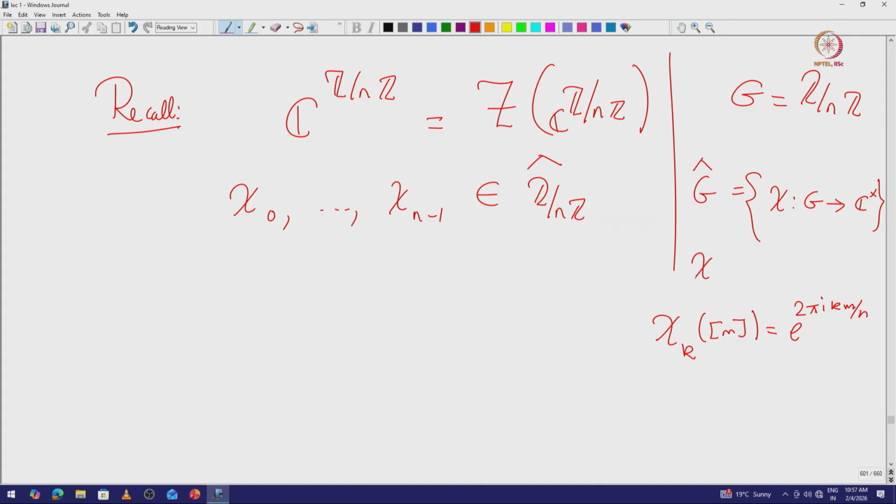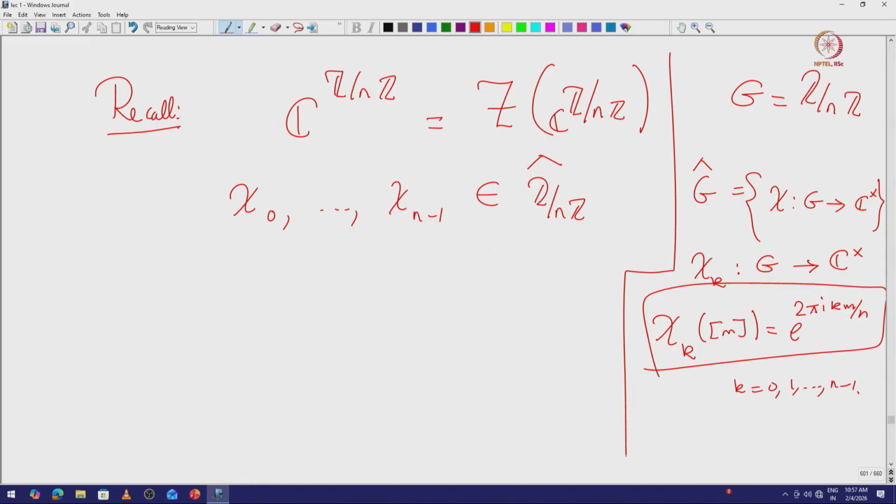So, this is a function chi k from G to C star, which takes the value on the coset bracket m equal to e power 2 pi i k m divided by n, and this is defined for k equal to 0, 1, etcetera, n minus 1.